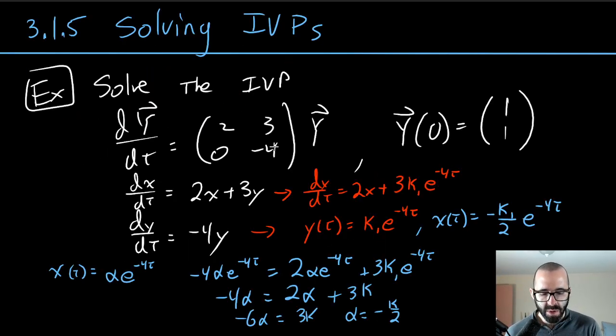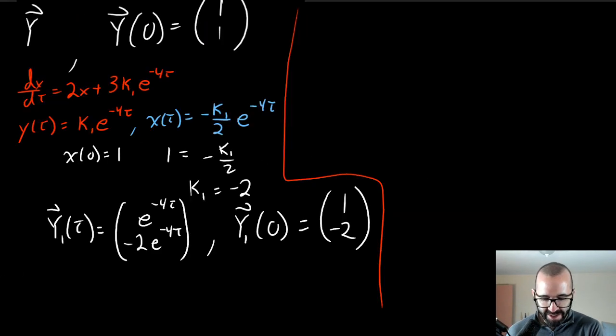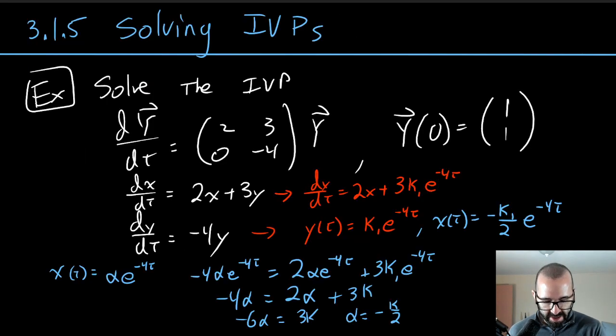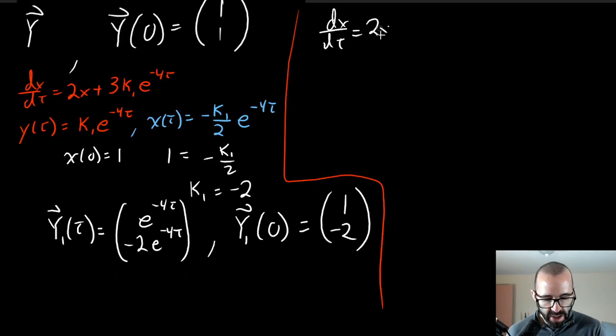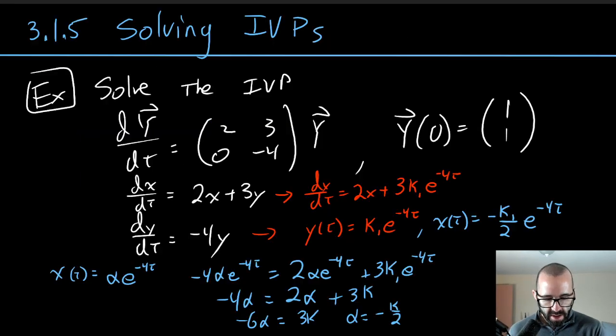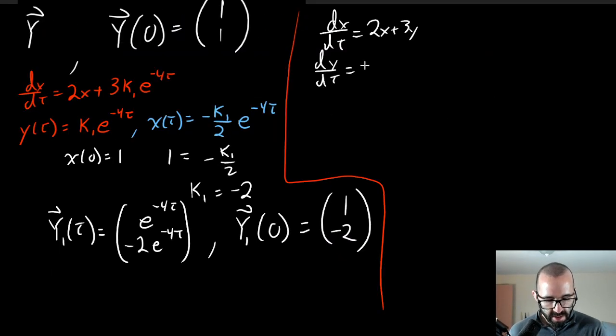But let's just see, well, what happens if y is 0, right? If y equals 0, something very nice happens, right? Let's just copy down our system, right? dx/dt is 2x plus 3y, and dy/dt is just equal to negative 4y. Well, if y equals 0, then this equation's satisfied.